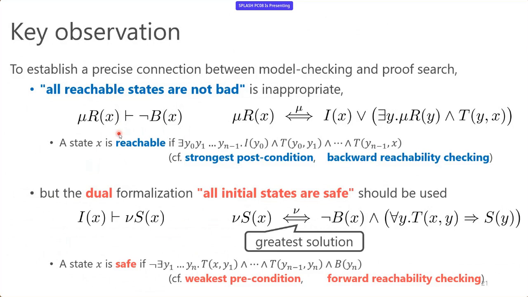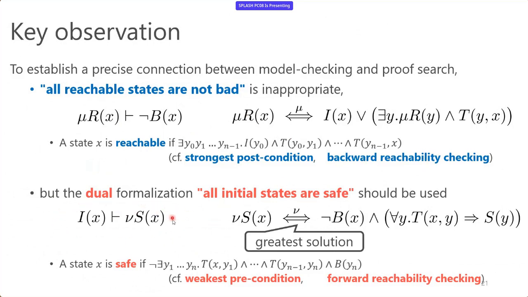However, we found that this is not appropriate for establishing a connection between cyclic-proof search and ordinary software model checking algorithms, because ordinary software model checkers are based on forward reachability checking, while this formalization corresponds to backward reachability checking. So we instead use a dual formalization of this.